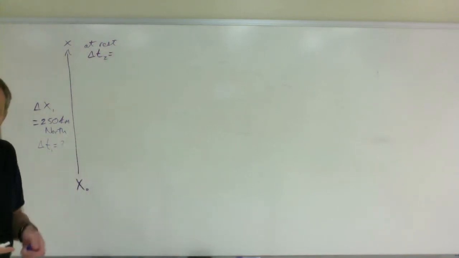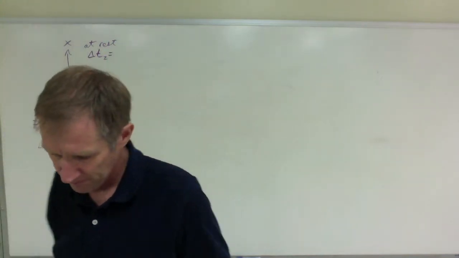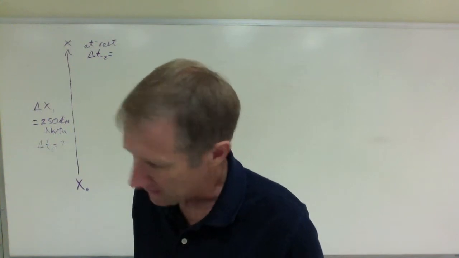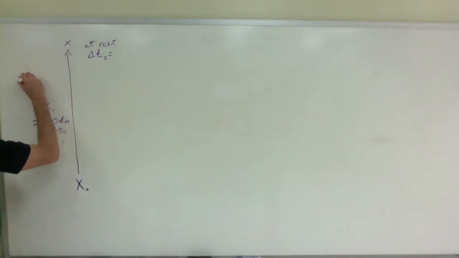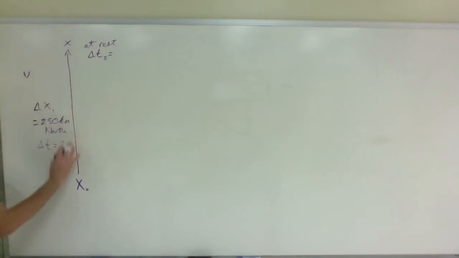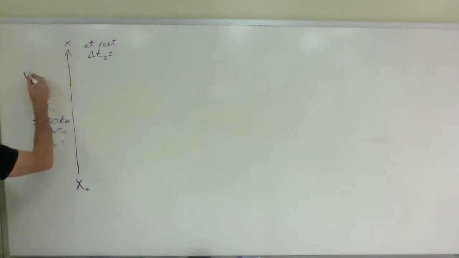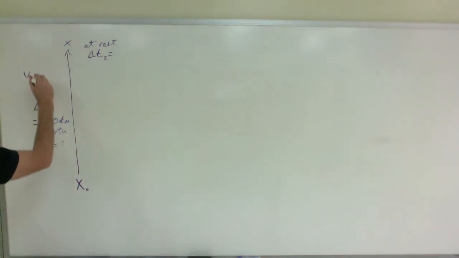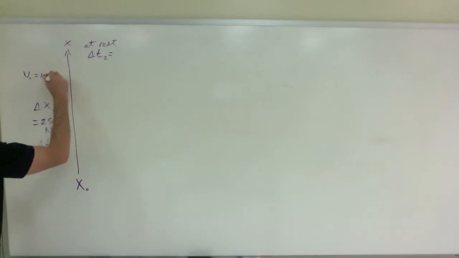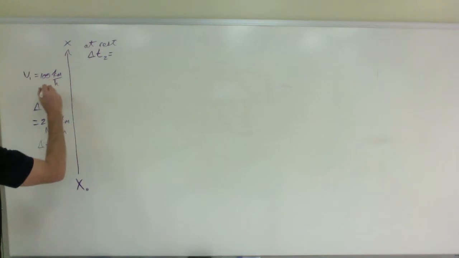It's for 45 minutes, but I'm going to work in hours because of the speed at which she traveled up here. I should have written that down. The speed at which she traveled, and she's traveling in one direction, so that's also a velocity, is 100 kilometers per hour, and again, that is north.